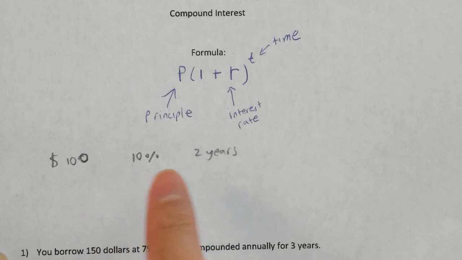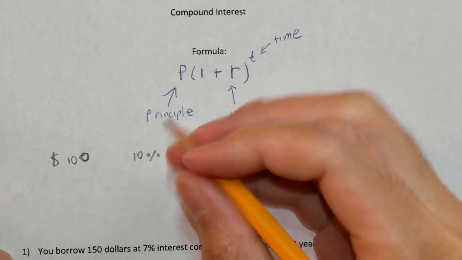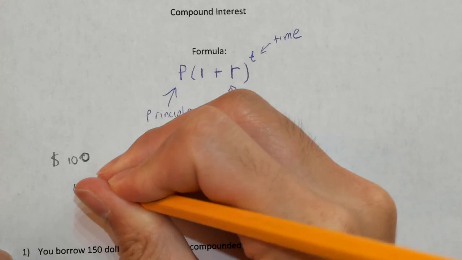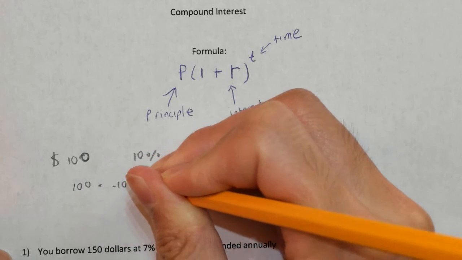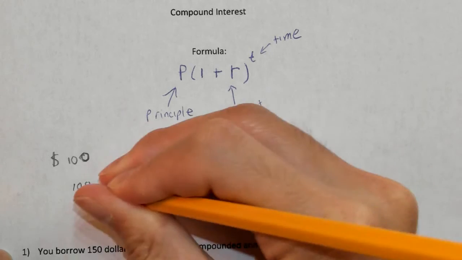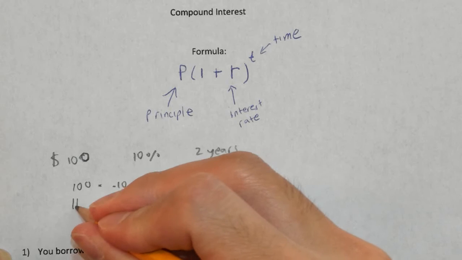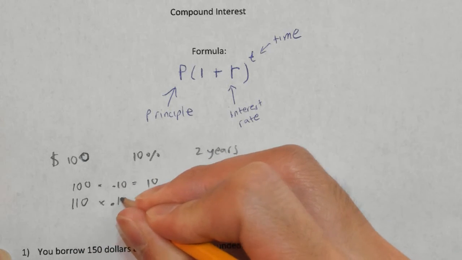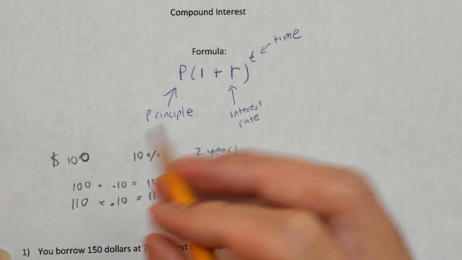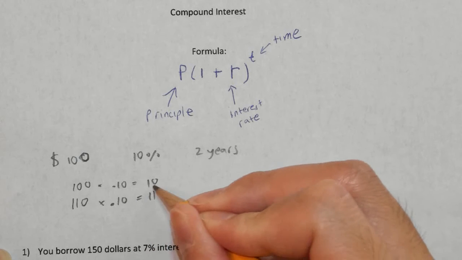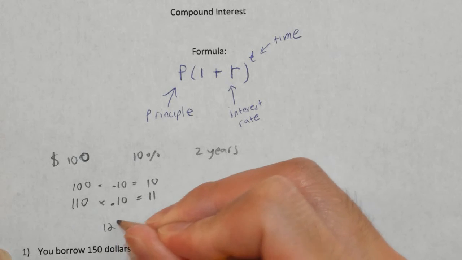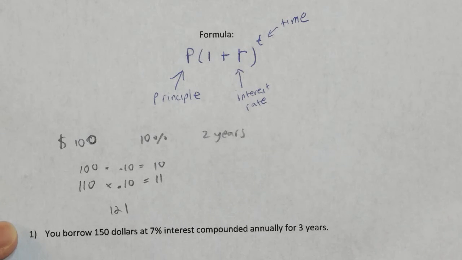Earlier, what I would have made you do is 100 times 0.10, which equals 10, and then I add that back onto 100. So I have 110 times 0.10 again, which is going to be 11. And then I add that on, so you get 121. And that's how you calculate it, right?